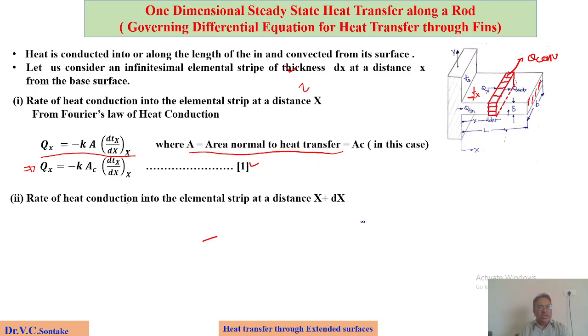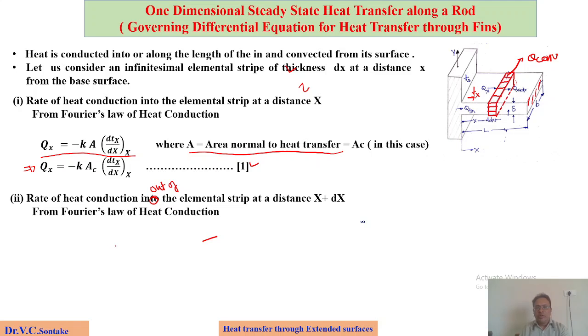Similarly, the rate of heat conduction out of the elemental stripe at a distance x plus dx. Now I am talking about the right face of this elemental stripe, and heat is leaving by conduction at the rate q(x+dx).